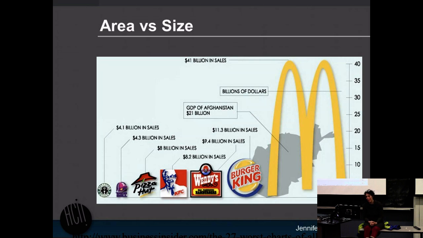So forgive me for that error. But that's a really important thing to know about how people process data. Another thing I actually dislike about this chart is it's full of what I would call chart junk. Things that are not really helping you to interpret the results here. It looks cool to use the logos, but they're not really helping you to get the information you want out of this.